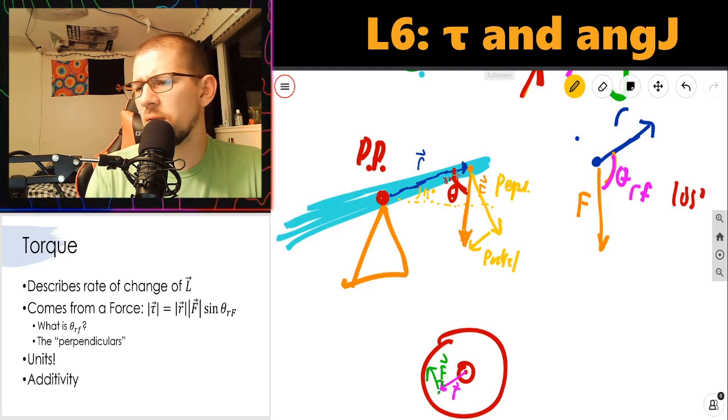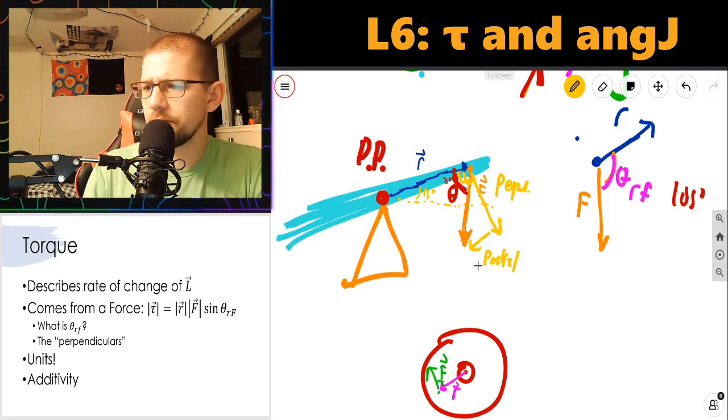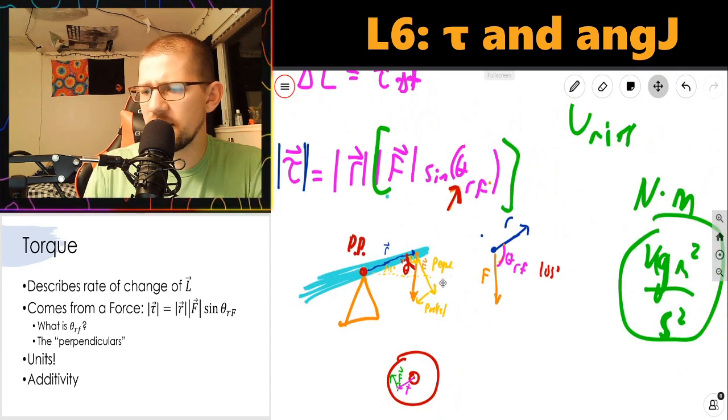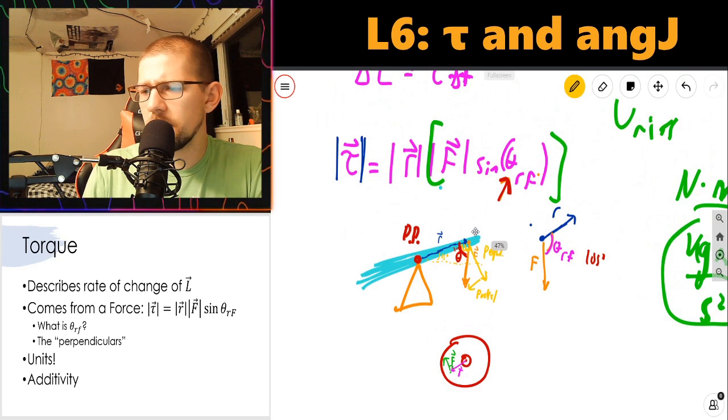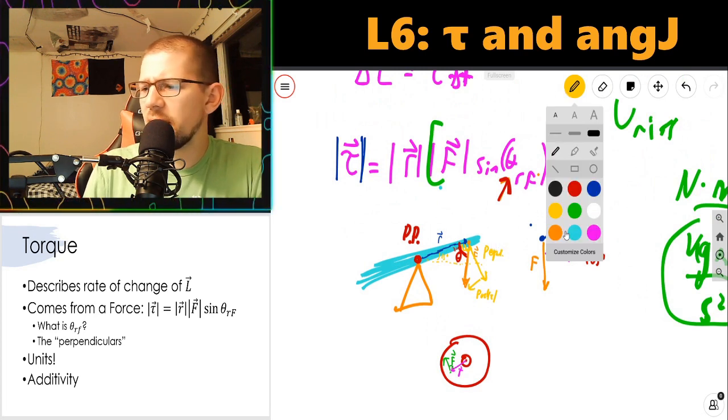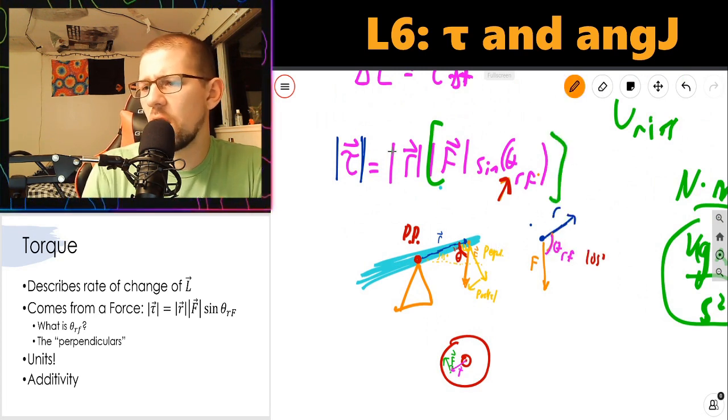The perpendicular component, the component that's perpendicular to R, the displacement vector, is the only part that actually matters. The parallel component doesn't contribute to the torque. Cool. And that's just F times sine theta. Similarly, you'll find that sometimes it's more intuitive to use R perpendicular.